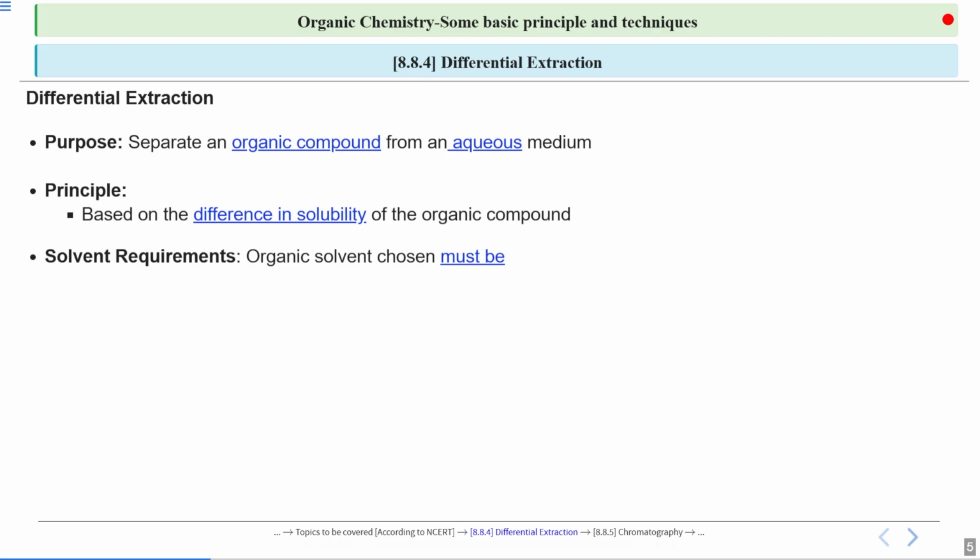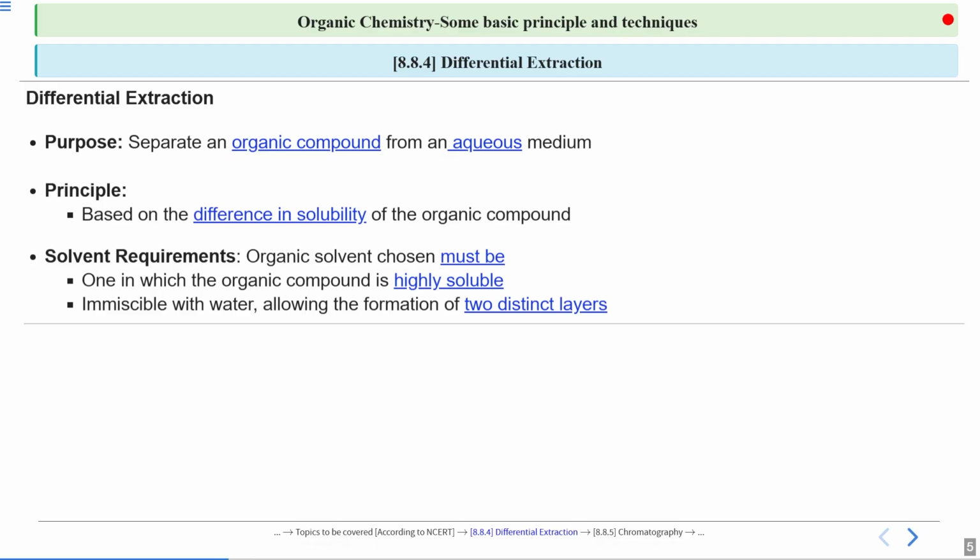Now about the solvent requirement. The organic solvent which we choose must be one in which the organic compound is highly soluble. So we keep the solvent such that the solubility of our target organic compound is higher. The second thing is that it should be immiscible with water. Why? So that two different layers can be formed.